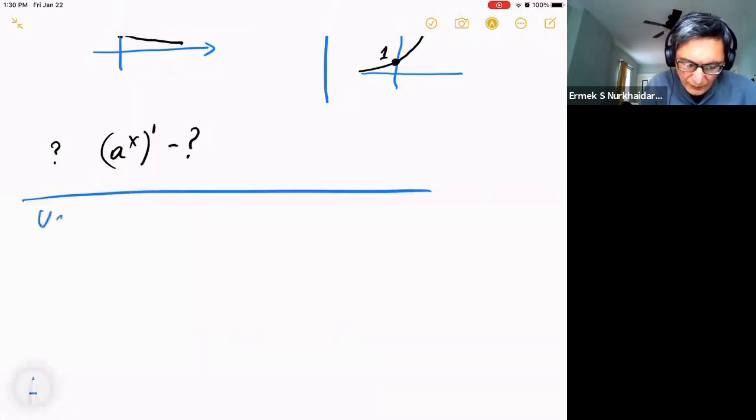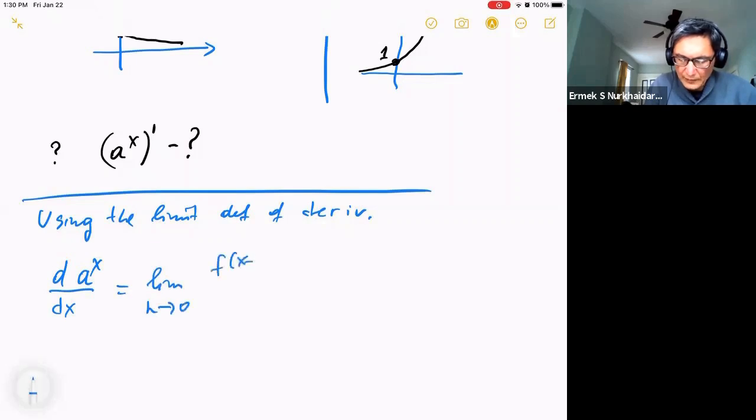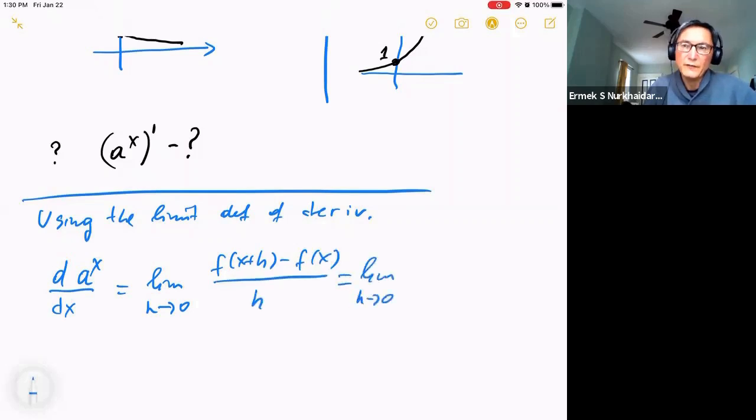So using the limit definition of a derivative, we have the derivative of a to x equals the limit as h approaches 0 of f of x plus h minus f of x over h. So in our case, because we have the function a to x, we have a to x plus h minus a to x divided by h.